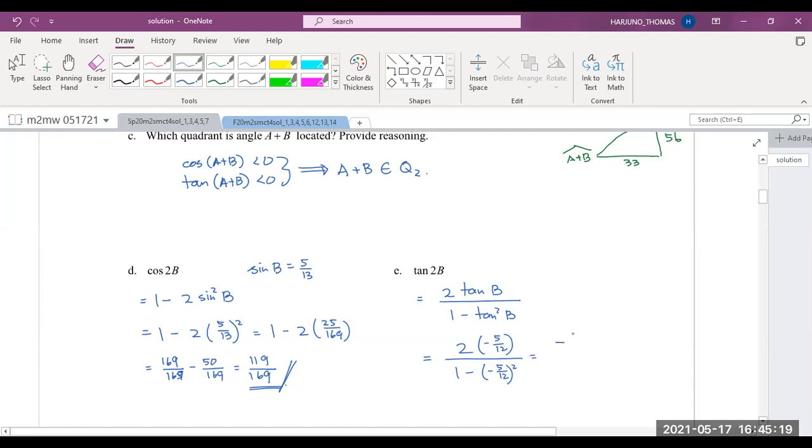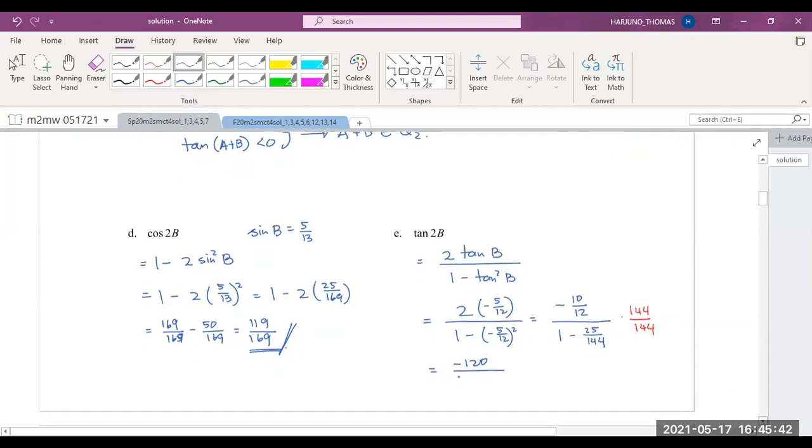That's negative 10 over 12 over 1 minus 25 over 144. Now multiply by the LCD, 144 over 144. I get negative 120 over 144 minus 25. That's negative 120 over 119.